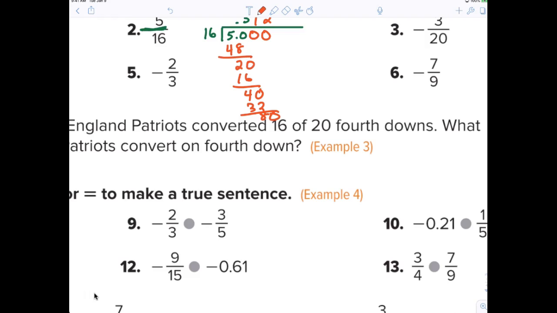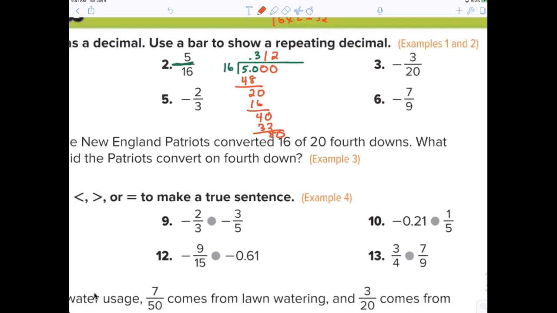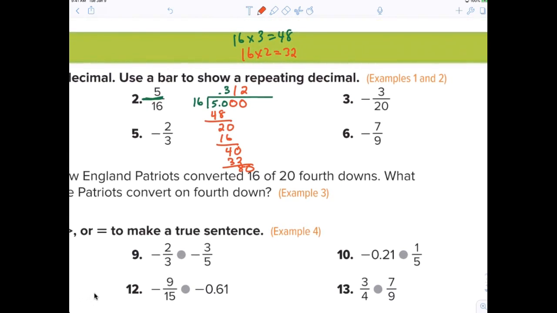Now how many times does 16 go into 80? 16 times 5 is in fact 80. So my answer to 5 over 16 is kind of annoying. It's just 0.3125.